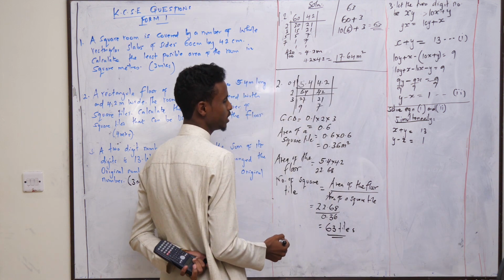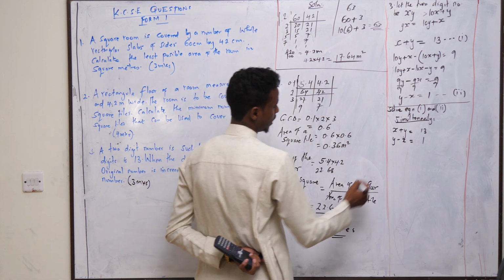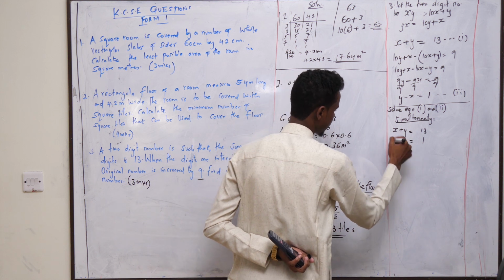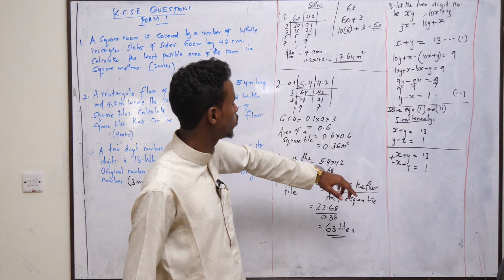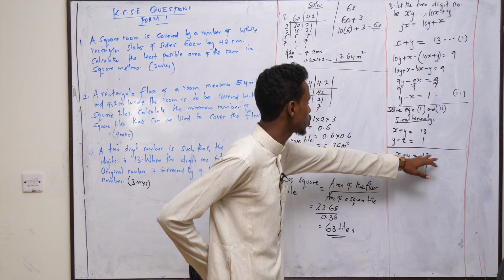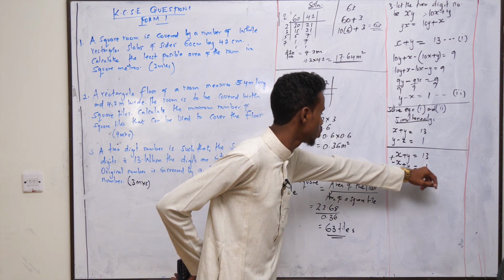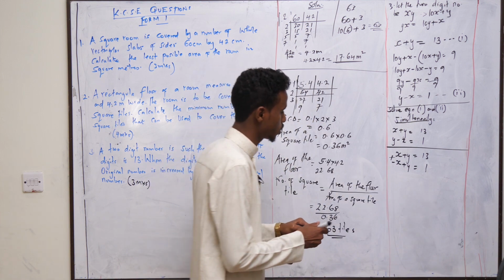Now, what can we eliminate right now? Let's use the addition sign here. Let's rearrange this one. Now, class, rearranging the equation, we can get x plus y is equals to 13, minus x plus y is equals to 1. Now, let's solve the two equations simultaneously.